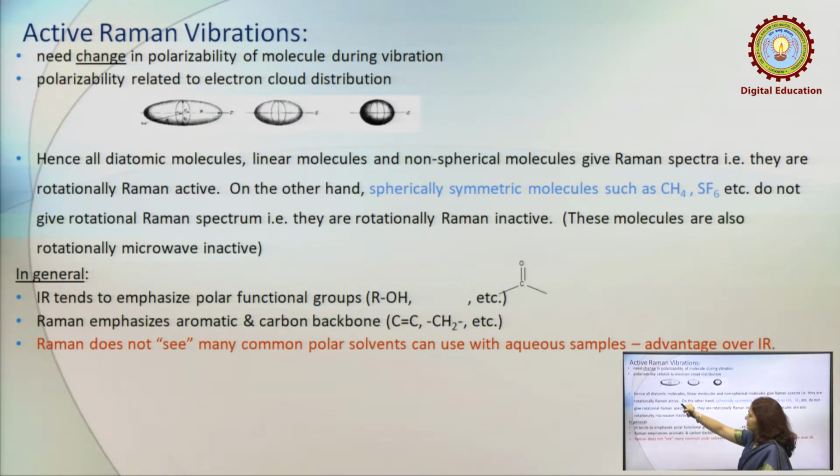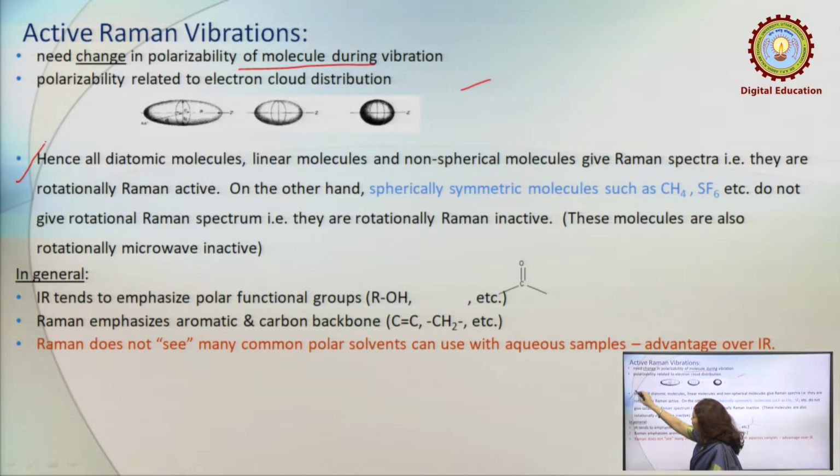For Raman active vibration, there must be a change in polarizability of the molecule during vibration. If there is no change in polarizability, it does not show Raman spectra. So, polarizability is the condition of Raman spectroscopy.